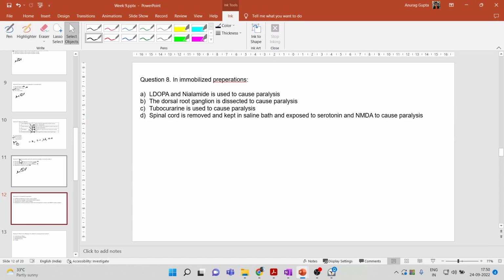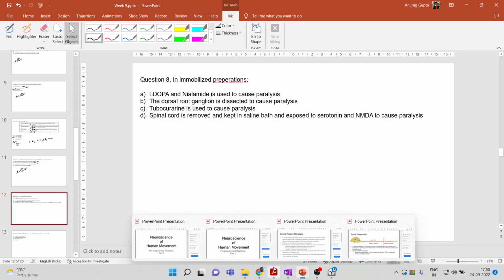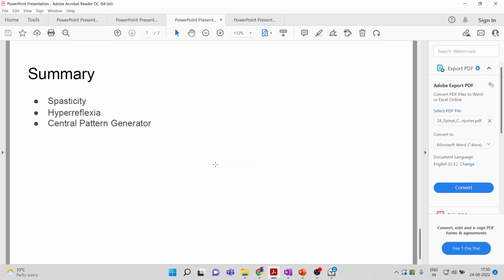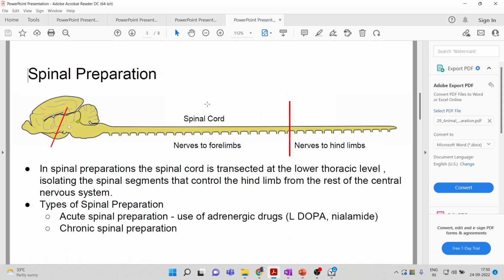Okay, so let us go through the slides that will give some more clarity. So in spinal preparation, what happens is the spinal cord is transected at the lower thoracic level, and this isolates the spinal segment that controls the hind limb from the rest of the central nervous system.